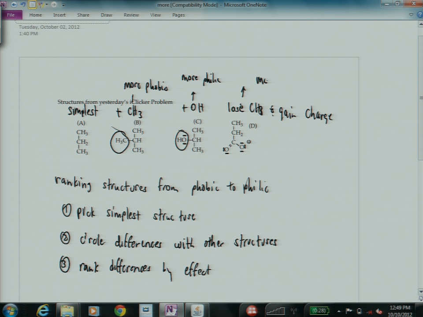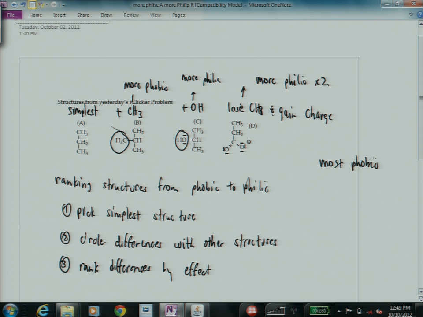So what's the most phobic one up there? B, because the simplest one is A, B is more phobic than that, and everything else is more philic. So if you rank them, the most phobic would be B. What comes next?